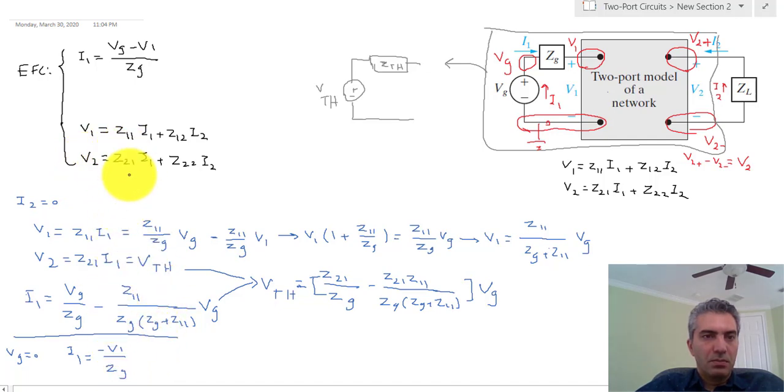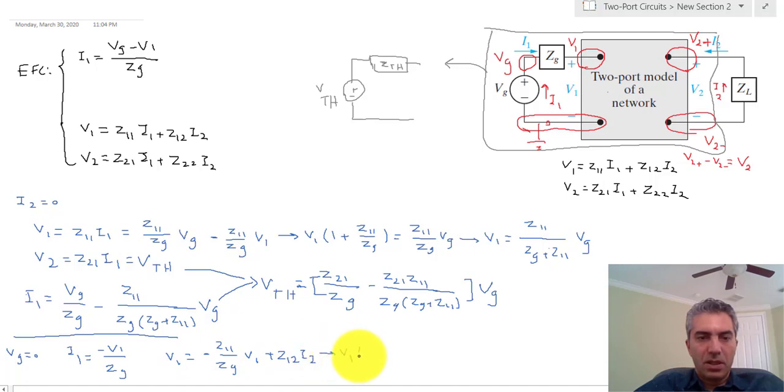So I take this, put it in this equation. So V1 is equal to minus Z11 over Zg V1 plus Z12 I2. Sorry, I1 is minus V1 over Zg, so V1 equals minus Z11 over Zg V1 plus Z12 I2. Now I can move this to the other side.